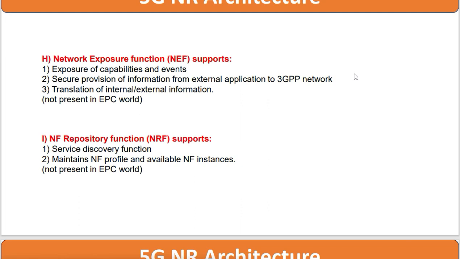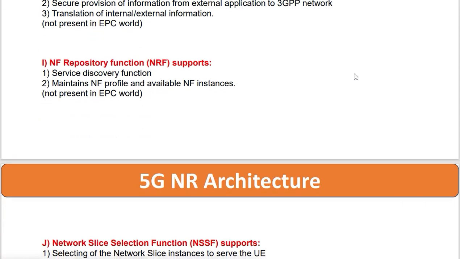Next is the network repository function, which is called NRF, and it is also not supported in 4G. Its functions are service discovery and maintaining the NF (network function) profile and available network function instances.